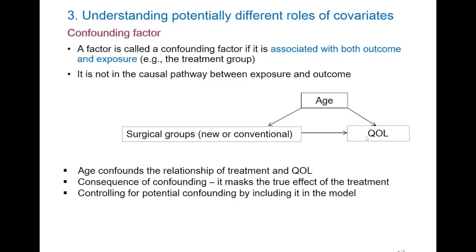But in fact, this relationship can be attributable to age. The better quality of life observed among those who receive the new treatment is largely due to their younger age. So this is the concept of age as a confounder. Age confounds the relationship with the true effect of the treatment.